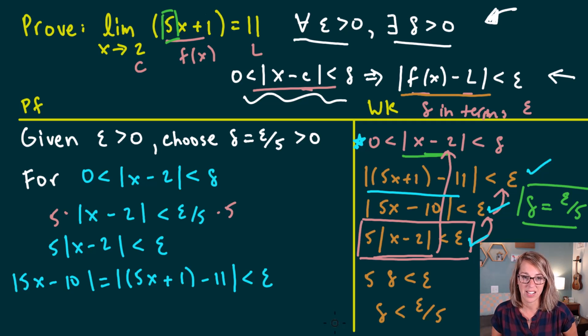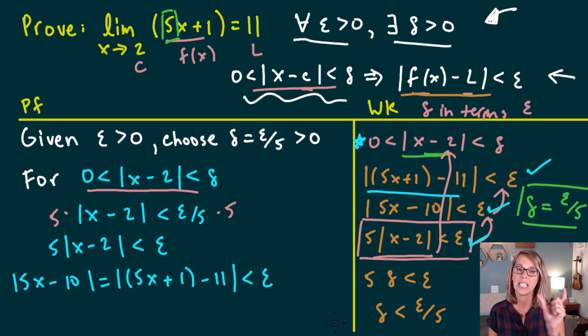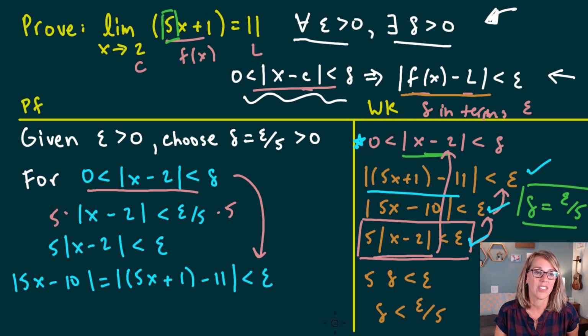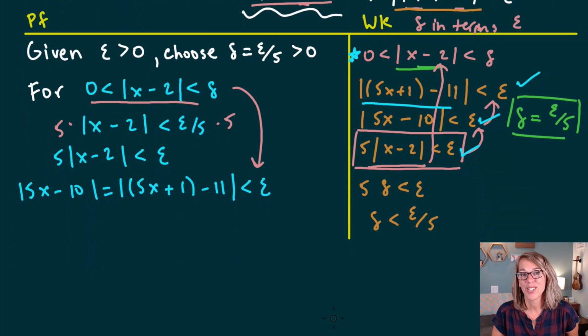We have done it. We have shown that our delta statement, limiting the distance between x and c by delta, leads me to also limiting the distance between my function and the limit. So I can say, therefore, I need just a little more room for my conclusion here. In my conclusion, I like to write therefore as the 3 dots in a triangle, but you can write out therefore as well. And I'm going to go ahead and write what I just showed.